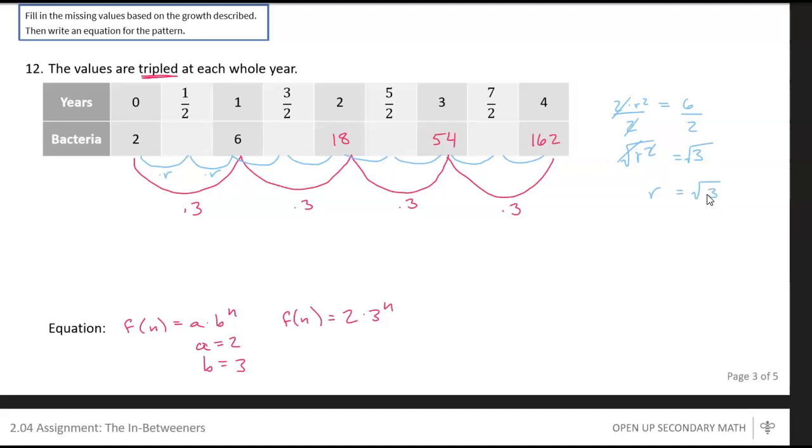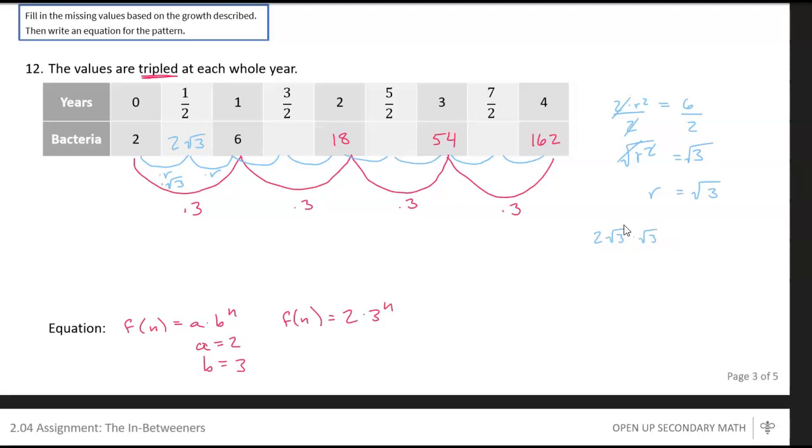It's not easily divisible, but that's actually just fine. Root 3 can be our factor here, what we multiply by. So we're going to try multiplying by root 3. 2 times root 3 is just 2 root 3. And if we multiply that by root 3 again, we'll get 2 root 3 times root 3.